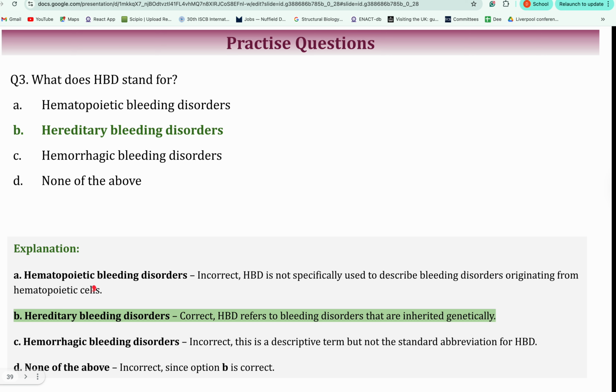We have seen hematopoietic cells are the ones which give rise to the blood cells. Then comes hereditary bleeding disorders. Yes, because these are the bleeding disorders that are inherited genetically. Option C was hemorrhagic bleeding disorders. This is also incorrect, and this is a descriptive term, but it is not a standard abbreviation. And then none of the above could not be the option.